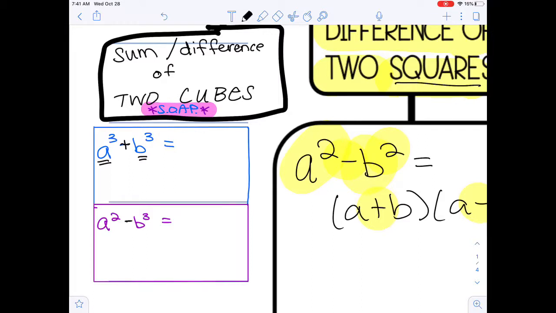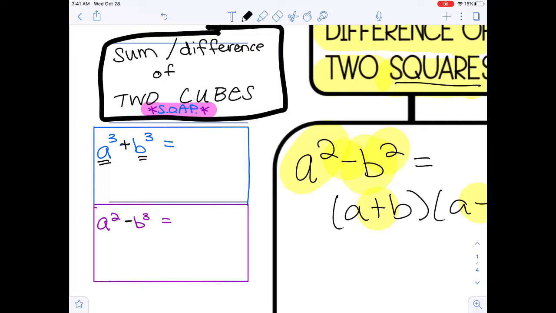So they could be variables, they could be numbers, and we'll write off a list of cubed terms to the side over here. But here's what the formula or the form goes for a sum or difference of 2 cubes.